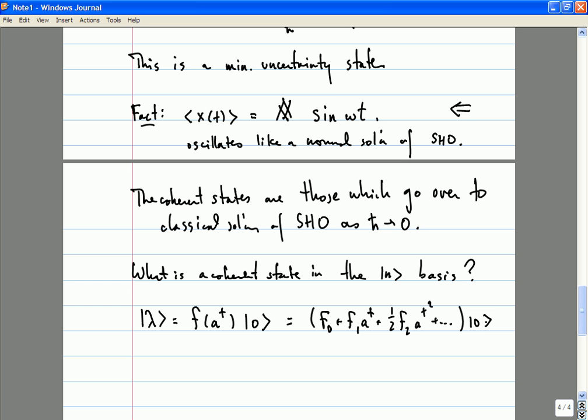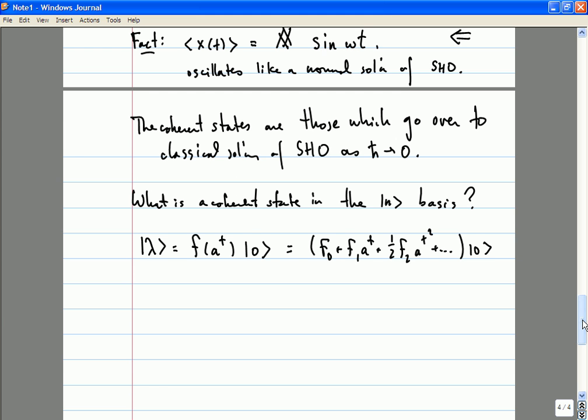And so you can see that the coefficients in the Taylor expansion here are just the coefficients of the state lambda when written in the basis of energy eigenstates. So this is a slick little way of writing down an arbitrary state in the simple harmonic oscillator Hilbert space compactly.